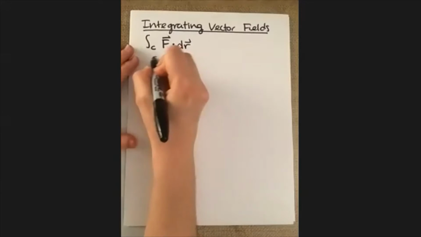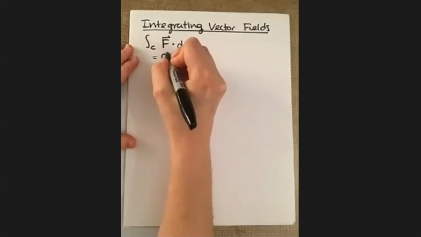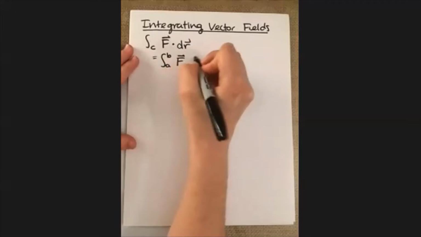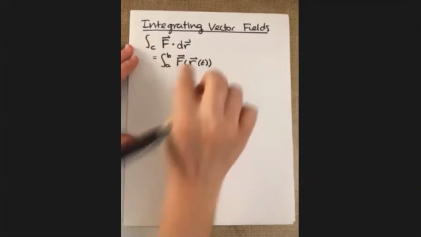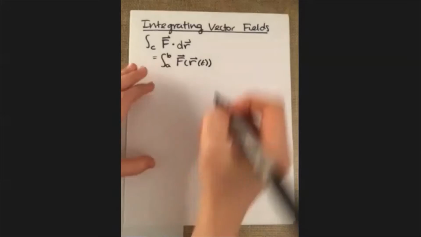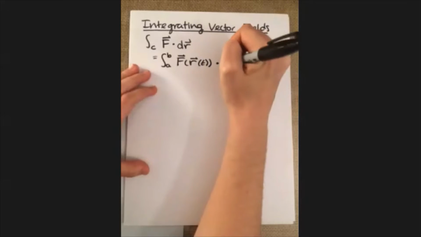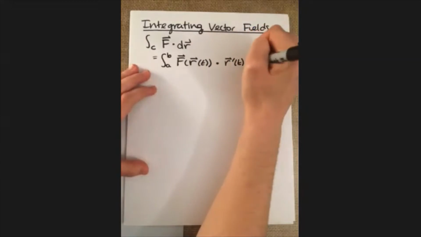And that is going to be to use the expression of the integral from a to b of our vector field evaluated at a parameterization for our curve C, which is that r of t, and then dotted with r prime of t dt.